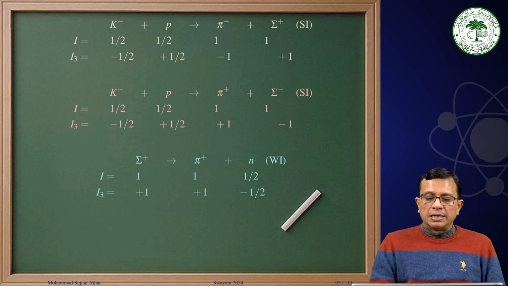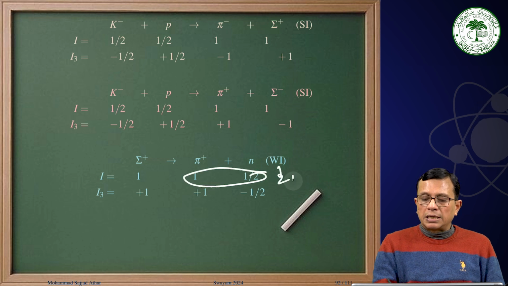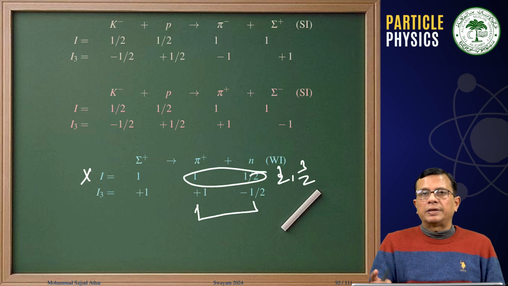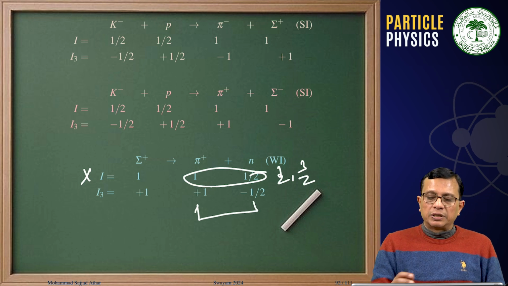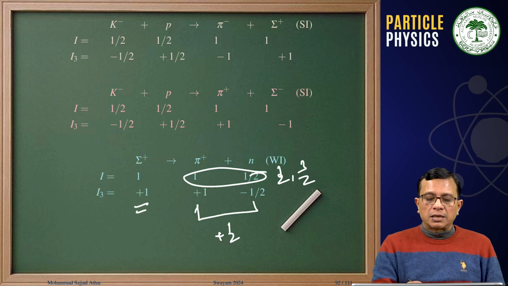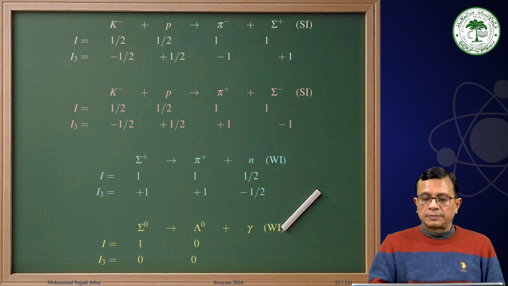From here, you will get the values half and 3/2. Therefore, you don't have any half and 3/2 on the left hand side, so this is getting violated. And then plus 1 and minus half are algebraically added, which gives plus half only, and you have here plus 1. Therefore, you are neither conserving I nor I3. Therefore, this is another example of a weak interaction process.